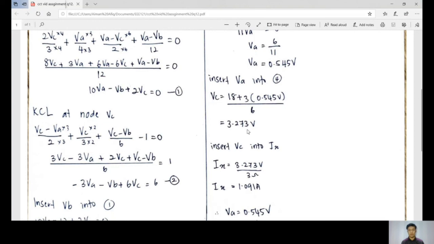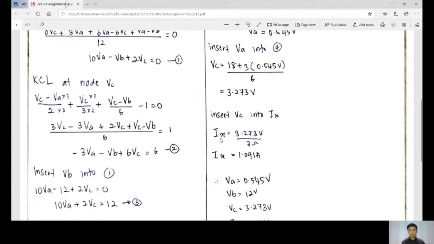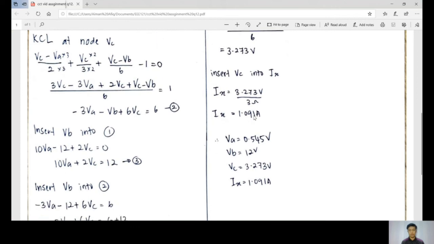So now we have the value of VC, and we can find the value of Ix. Ix is equal to VC over 3. So Ix equals 3.273 volt over 3 ohm, and we get 1.091 ampere.